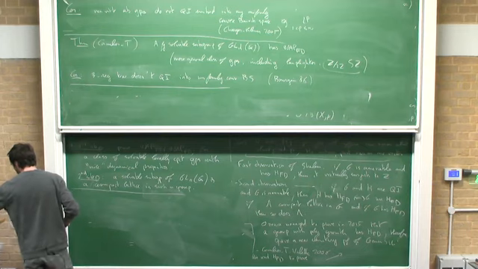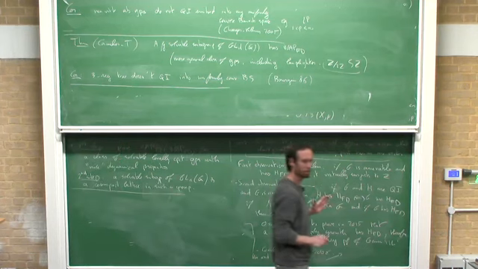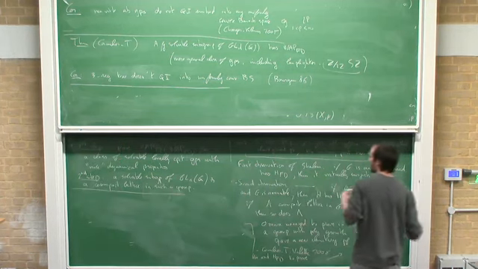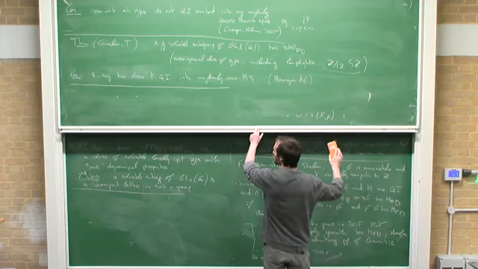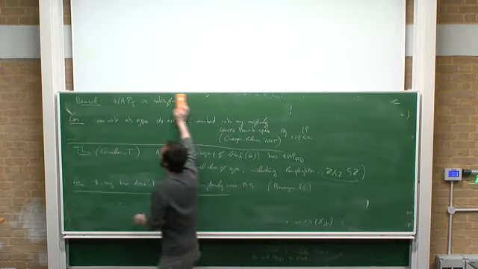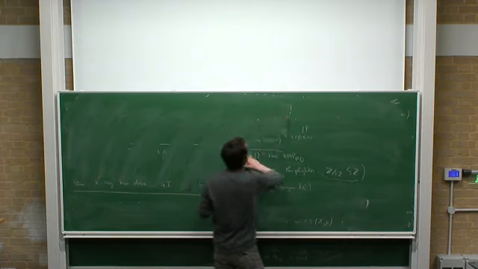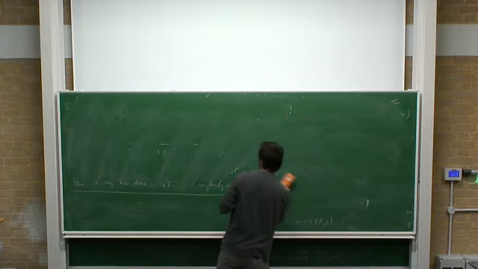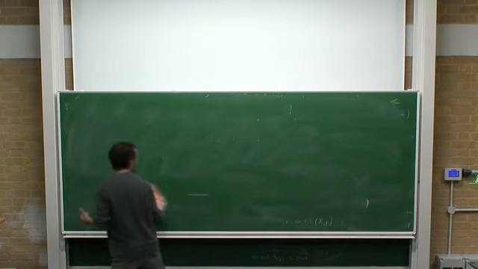Okay, so in order to illustrate, I still have 5 minutes, what I mean by dynamical properties, I will explain to you how to prove this property, WAP-T, for a very simple example, for which all the ideas are already there, namely the affine group.